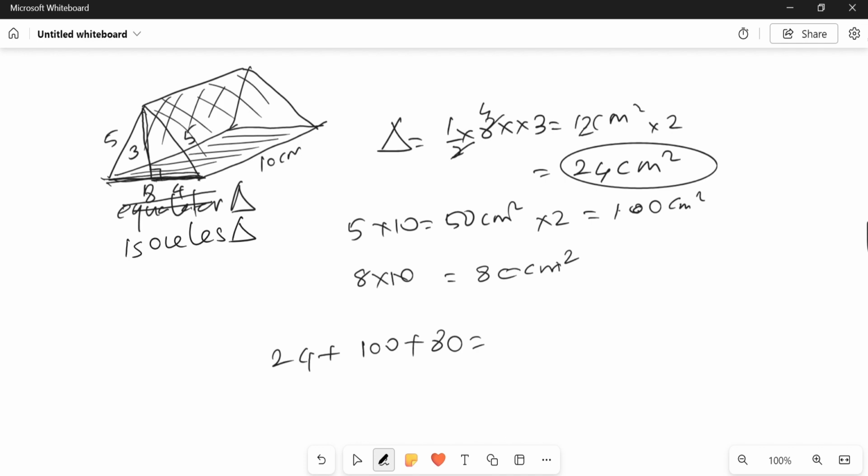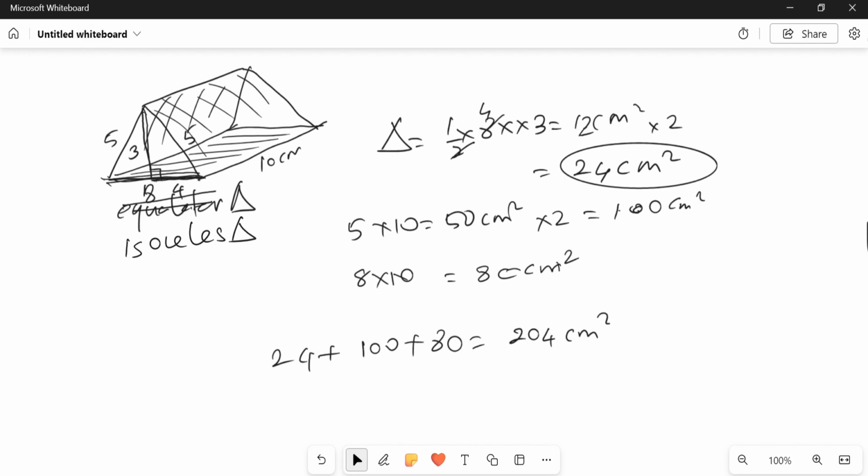Altogether 100, 180, 80 more, 204 centimeters squared. So now you understood how to find the surface area of a triangular prism.